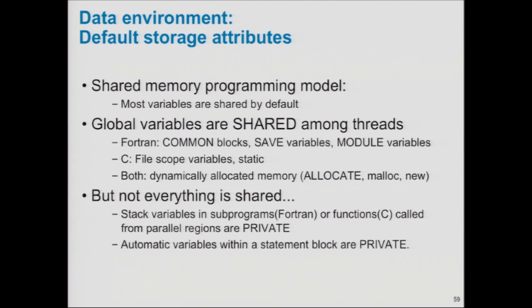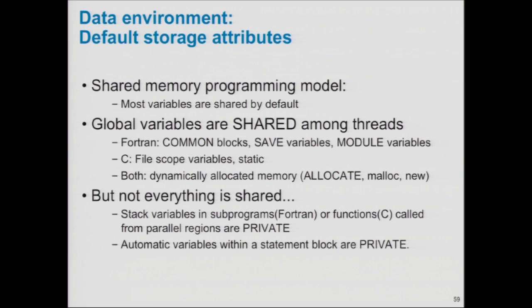In general, you can often rely on the defaults, although it's not always the best practice because you might want to be explicit about what the data sharing attributes are, so that you make sure you're getting the attributes you want. Most of the variables by default are going to be shared. Global variables are always shared.